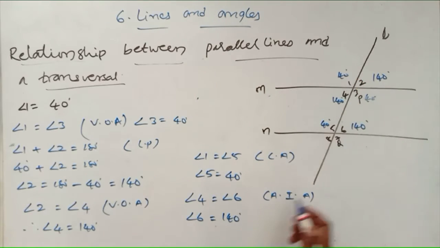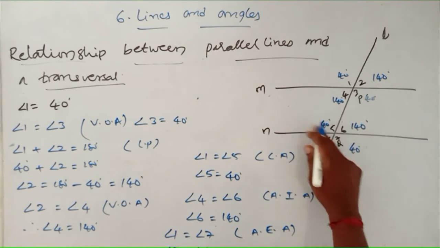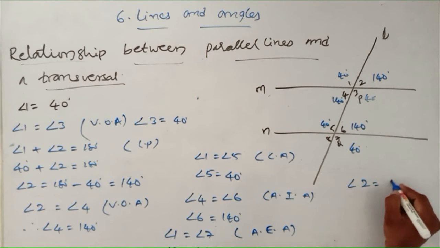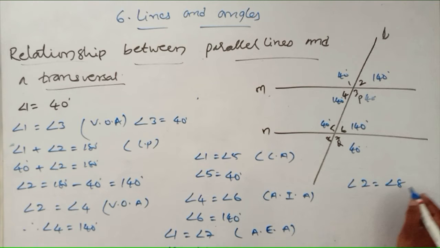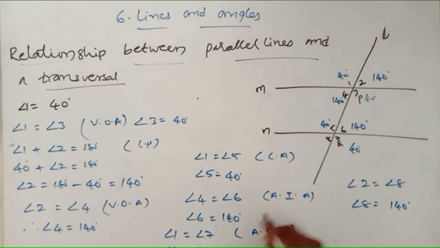Angle 1 is equal to angle 7, because these are alternate exterior angles. So therefore angle 7 is equal to 40 degrees, or directly we can say that these are vertically opposite angles. In the same way, angle 2 is equal to angle 8, alternate exterior angles. Therefore angle 8 is equal to 140 degrees.